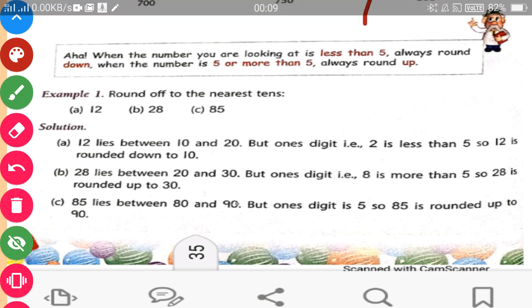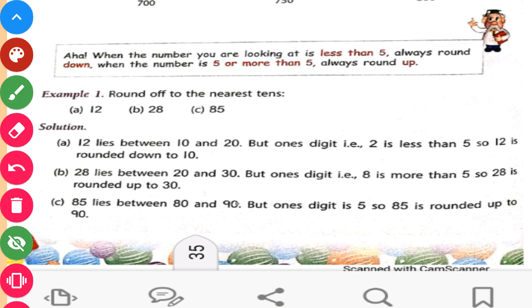Okay. 85. Now, 85. So, which number is given at ones place? 5. So, we have just read that if a number is 5 or more than 5, we always round it up.